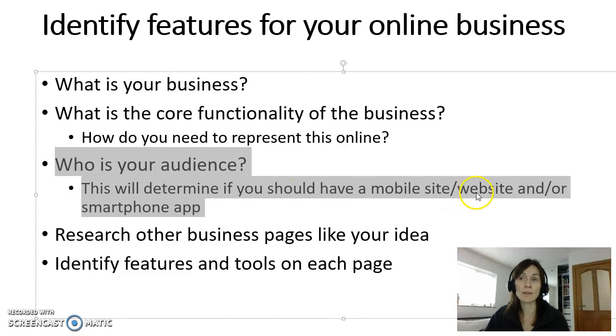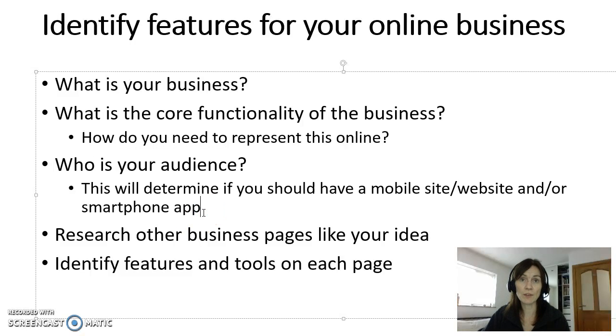So should you have a mobile site, a website, a smartphone app, for example. Most of the website builders, such as Wix, Weebly, WordPress, will give you the option for developing a mobile site as well. Basically what it does is it takes the content that you put in for the website and it creates a mobile site for you.